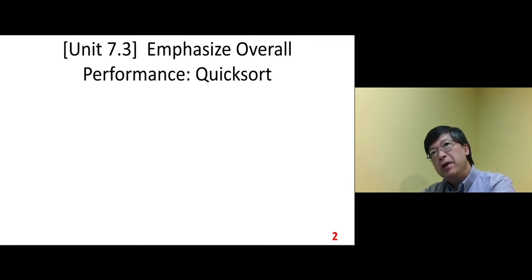Can we say this is the quickest sorting algorithm in the world? Nobody can claim that. Actually, we can say that there is no known quickest sorting algorithm in the world. Nobody knows that.